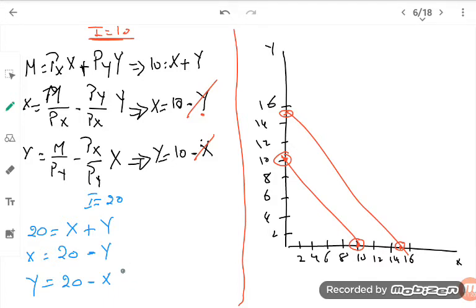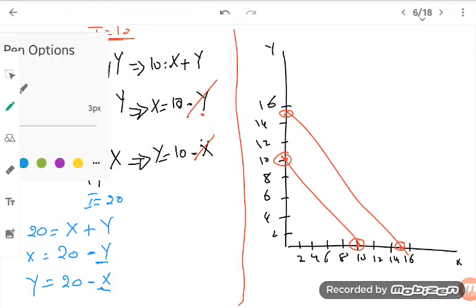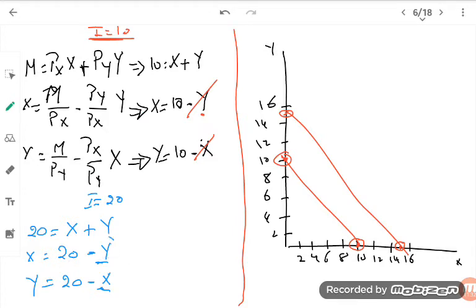In order to draw the budget line, we are going to substitute in equation number 2 and number 3 with 0 instead of X and Y in order to find the quantity of the other commodity. So it is 0 and 20, 0 Y and 20 X.